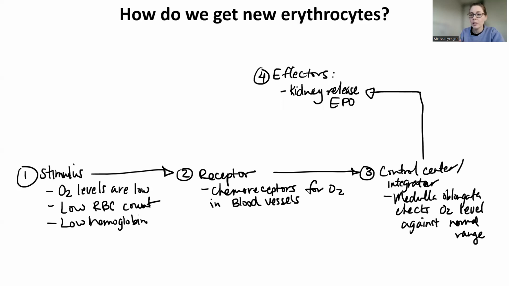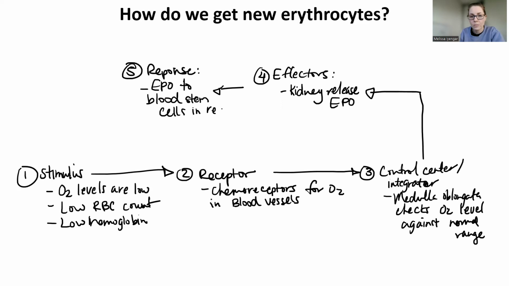And basically, you should have a response, okay? So you're going to have number 5, and this is going to be a response. That response is going to be that the EPO goes to our blood stem cells in red marrow.